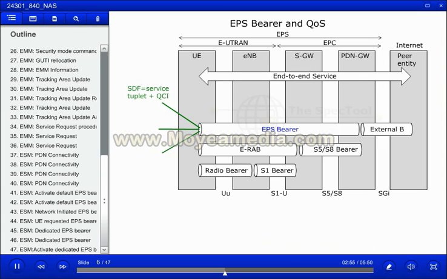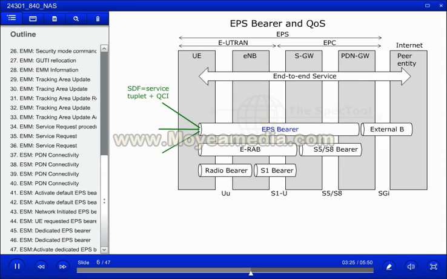The QCI is a scalar parameter pointing to standardized characteristics defined by the operator policy decision. The decision depends on expected traffic load versus dimensioned capacity parameters, traffic class, traffic handling priority, signaling indication, and source statistics descriptor.